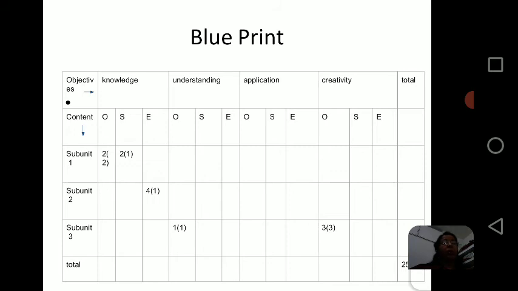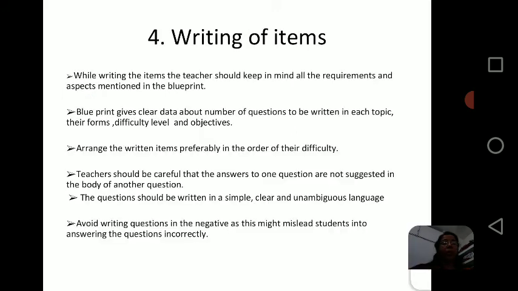Like this, you enter all the relevant boxes. Okay, this is the blueprint. Then the next step is writing of items. You can prepare a number of question papers based on one blueprint. You have prepared a design. Based on the design, you have prepared a blueprint, and according to the blueprint, you can write the items.